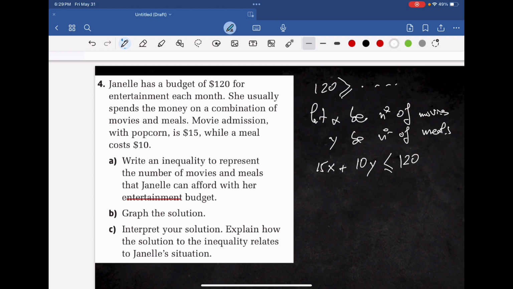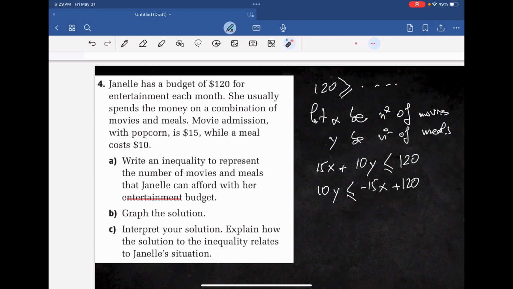So for the second question, they are asking us to graph the solution. To graph this, first of all, we need to write it as y is less than or equal to something. So I have 10y less than or equal to minus 15x plus 120.